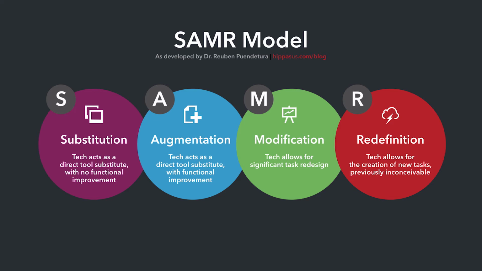But SAMR is really interesting because it provides a kind of taxonomy for the kinds of activities you would do while teaching with technology. So substitution, for example, might be using technology that replaces something you're already doing, using an office suite to type notes instead of write them. And at the other end of the taxonomy, redefinition, you're creating entirely new ways of teaching and learning. Maybe it's media production for an assignment or a critique, or maybe it's engaging social media.